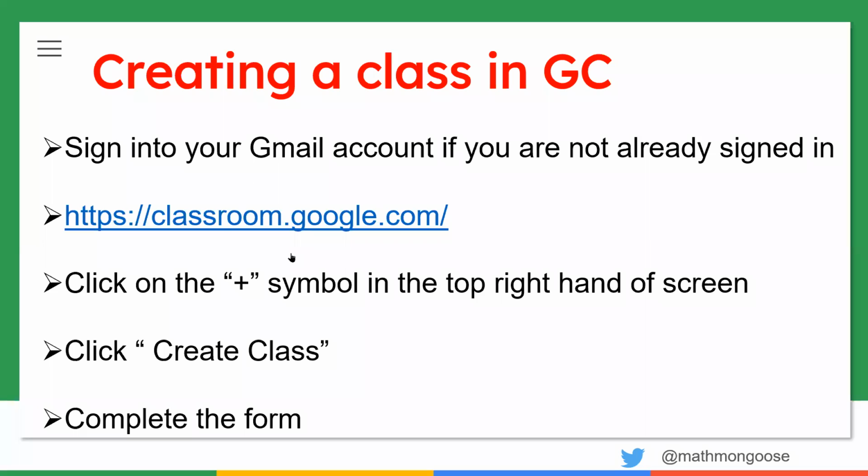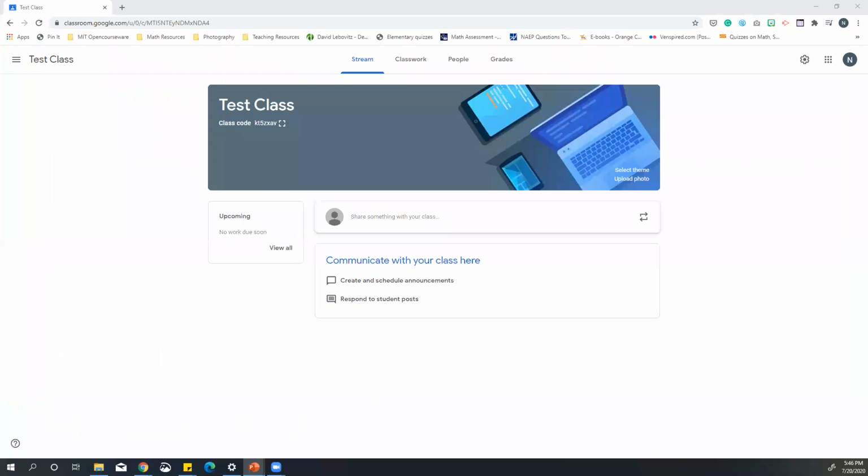Sign into your Gmail account, classroom.google.com. Then you're going to go to the right-hand side, click on the plus symbol, create a class, you complete the form. Right now, you only need the name, and then you wait less than a minute, and your classroom should be created.